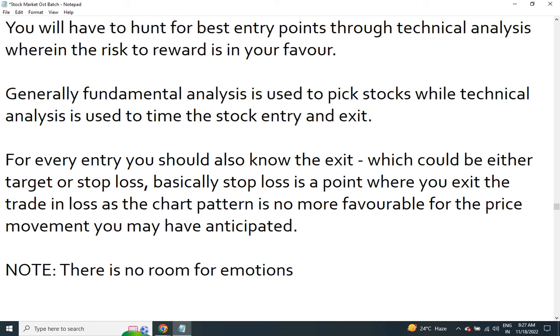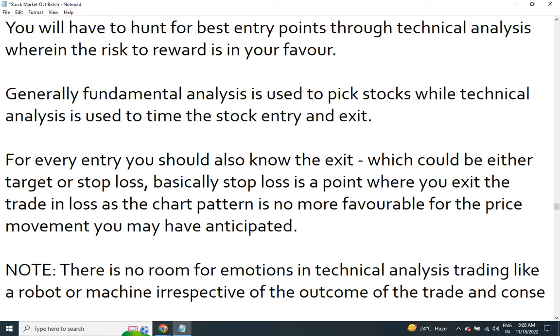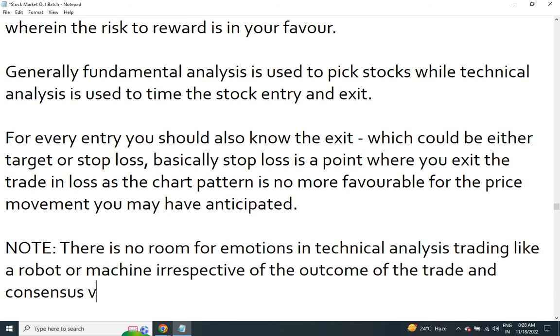So whether it is intraday trading, positional trading or hedge trading, whatsoever, the rules remain the same when it comes to technical analysis. Very important statement.